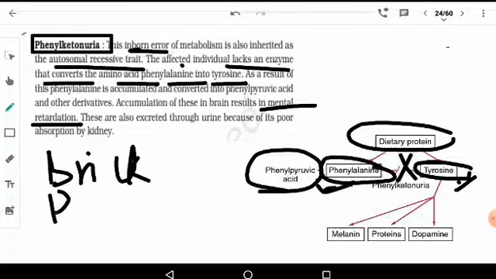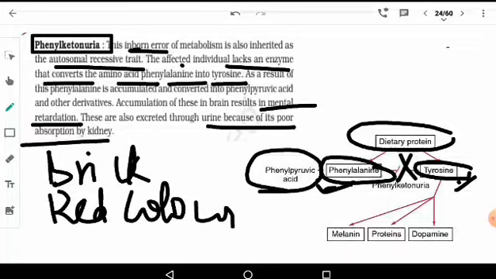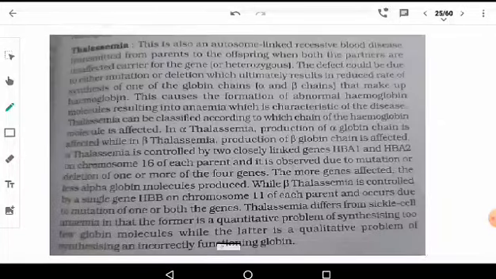These persons are going to show brick red color urine. What is the reason? Because the kidney cannot absorb this substance. Phenylpyruvic acid and phenylalanine cannot be absorbed by the kidney. As a result, it is excreted out through the urine, and this urine is going to show a characteristic brick red color. So that is about phenylketonuria.